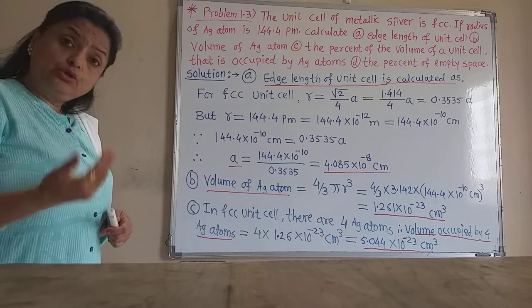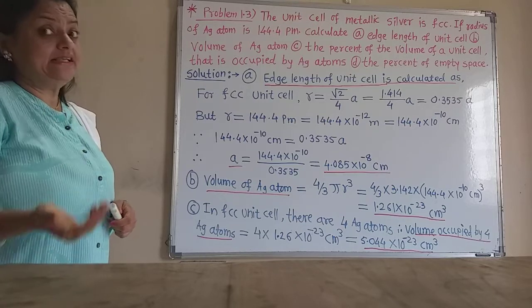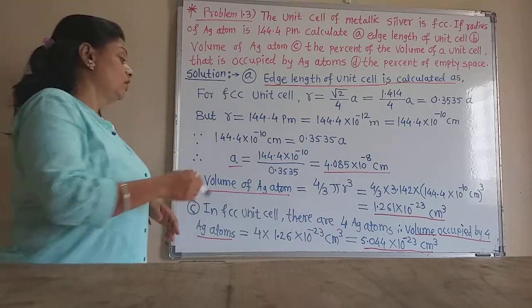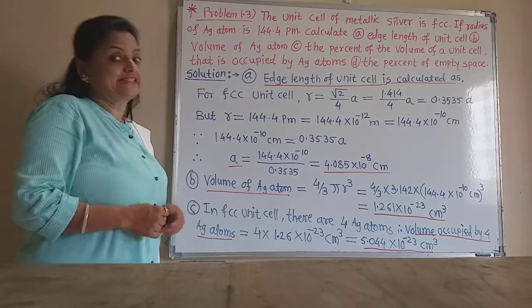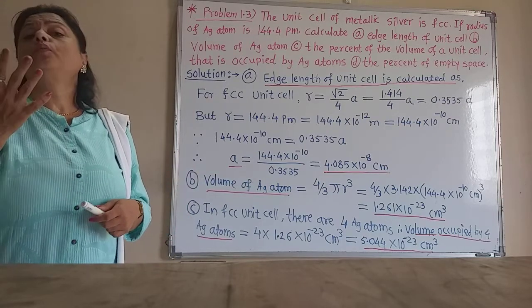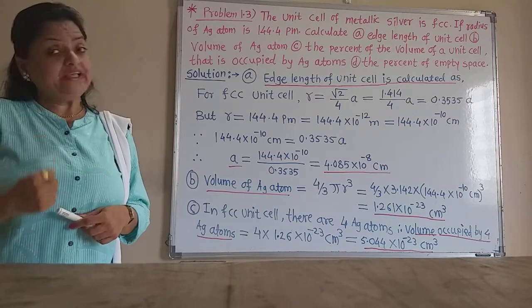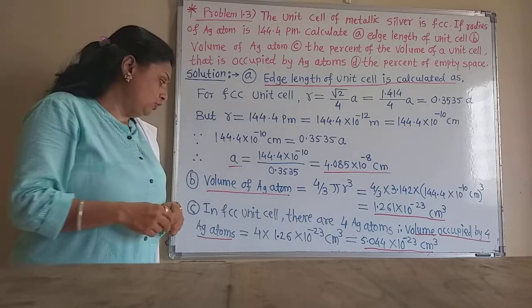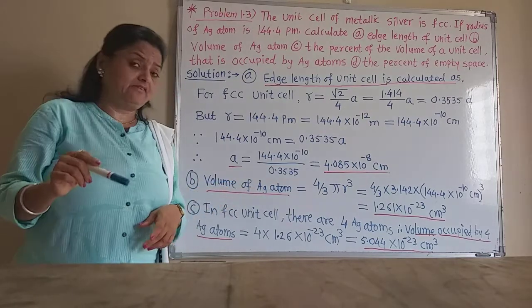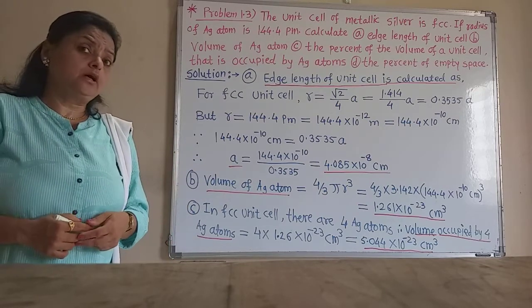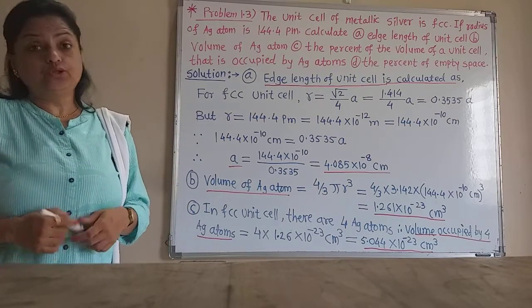But to calculate the volume of the particles, that is the atoms in the FCC, first calculate the volume of one silver atom. And we know that in the FCC there are 4 particles or 4 spheres, that is atoms. So on multiplying the volume of one silver atom by 4, we obtain the volume of the 4 particles occupied in the unit cell.